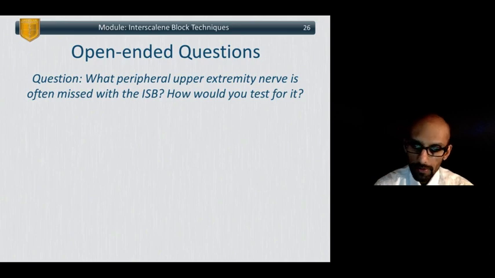You test for it by assessing sensation on the medial 1.5 digits of the extremity being blocked, and assess for sensory deficits there. You can also do abduction of the digits against resistance for the motor function of the ulnar nerve.